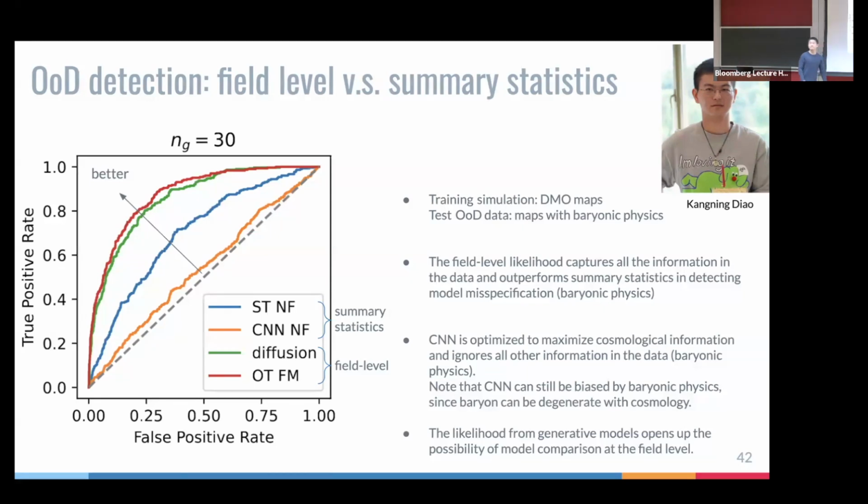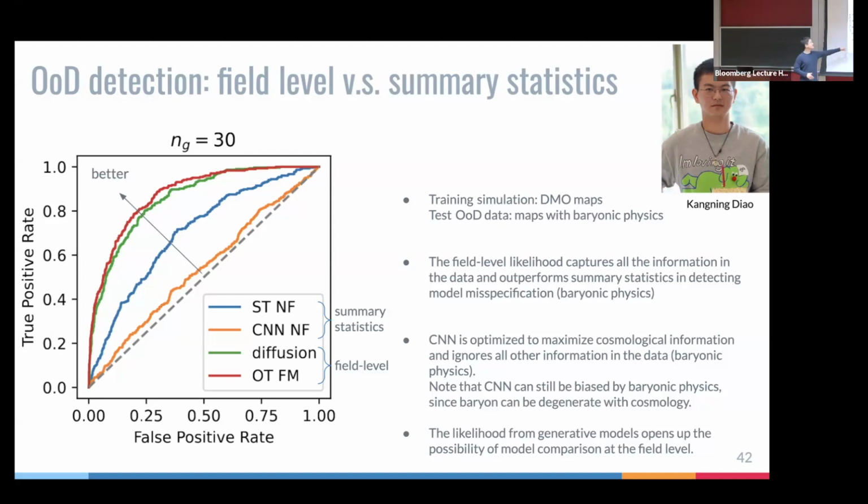The CNN is just trying to, you have two cosmological parameters, right? So in principle, it has no ability to do out of distribution detection, right? Because anyway, you will have a best fit, and it only has those two summary statistics.